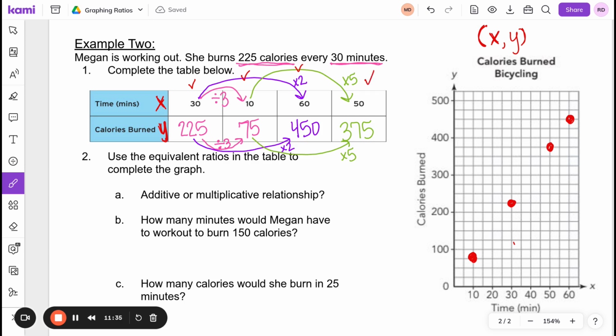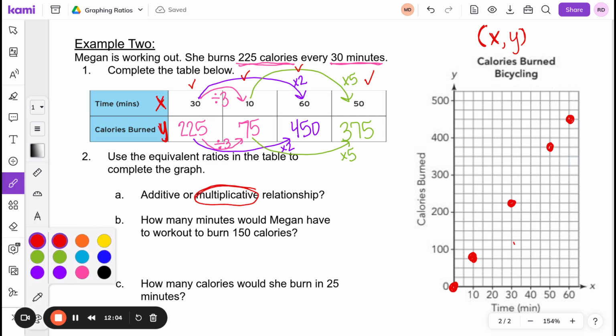We could fill in the missing numbers if we wanted, but we don't really have to do that today. So then our questions below, it says use the equivalent ratios in the table to complete the graph. Did that. And that's asking, are we multiplying or dividing? So here the question is, if Megan works out for 0 minutes, then in her workout, she also burned 0 calories. So this is multiplicative.